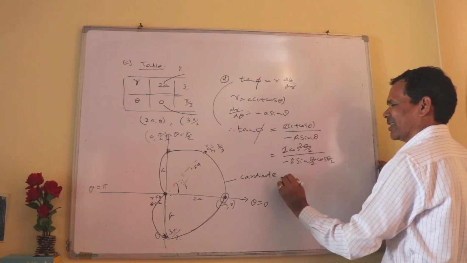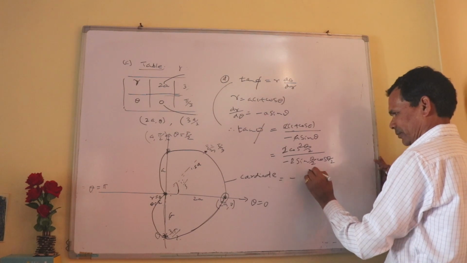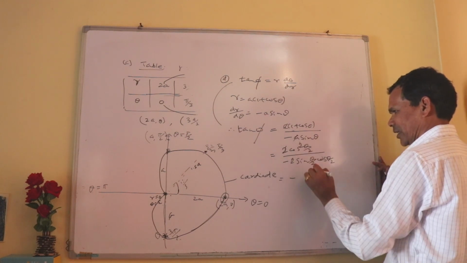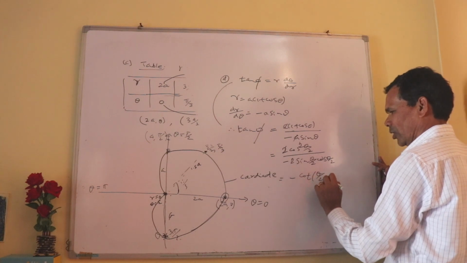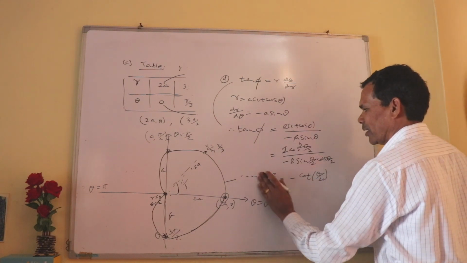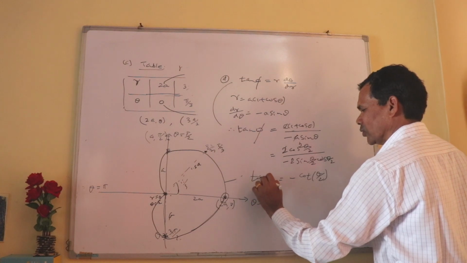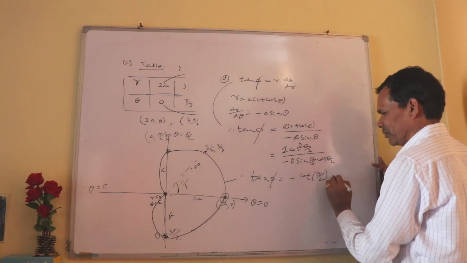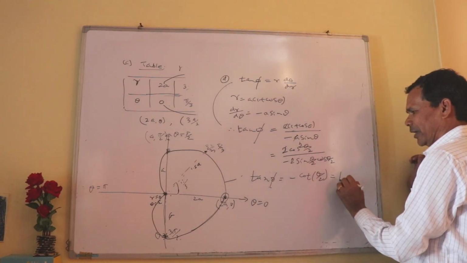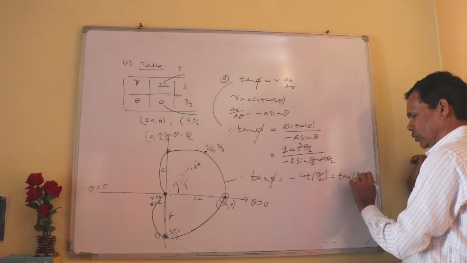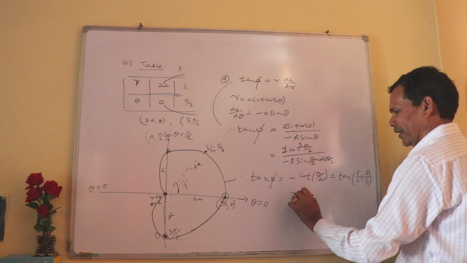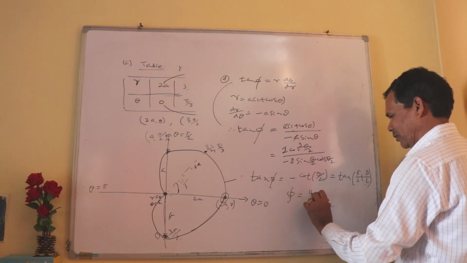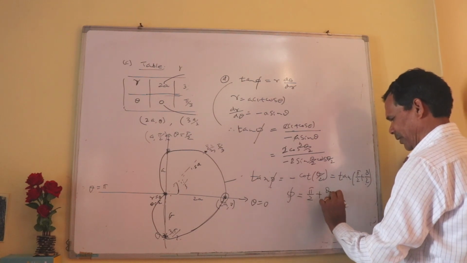So this gets cancelled, this cos also gets cancelled, and you are getting minus cot theta by 2. This is for tan phi. I put it in terms of tan, so tan of pi by 2 plus theta by 2. So you are getting phi angle as pi by 2 plus theta by 2.